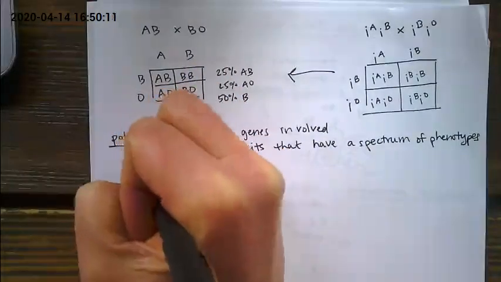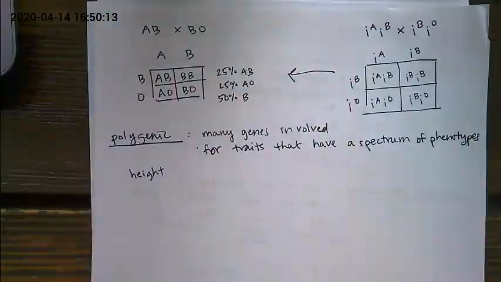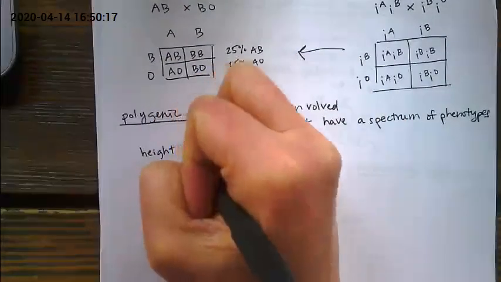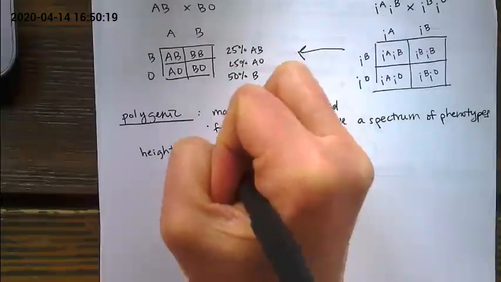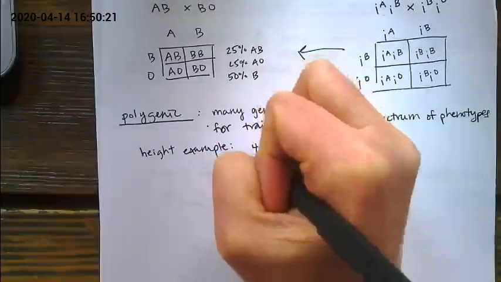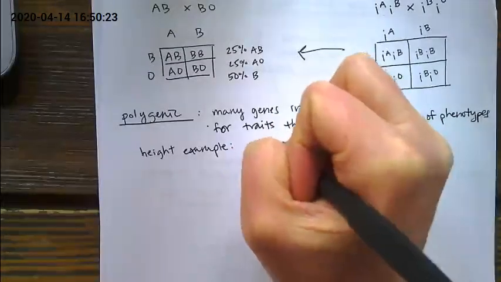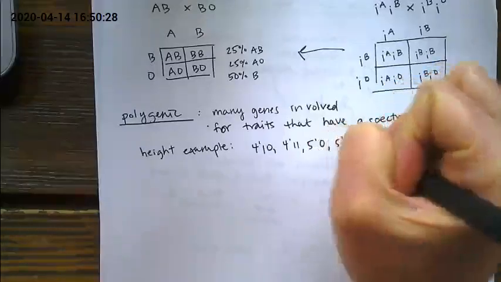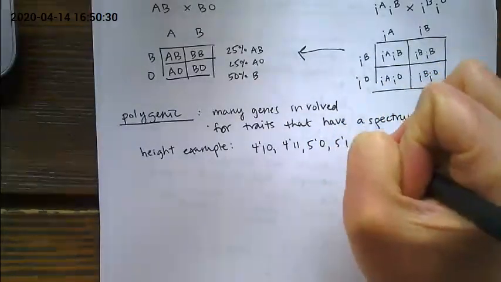So height, for example, right? You could be 4'10", 4'11", 5 foot, 5'1", 5'2".